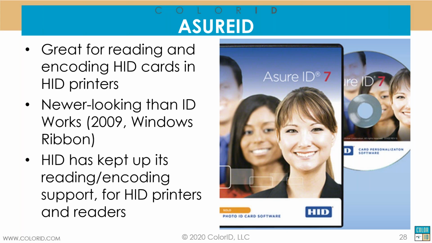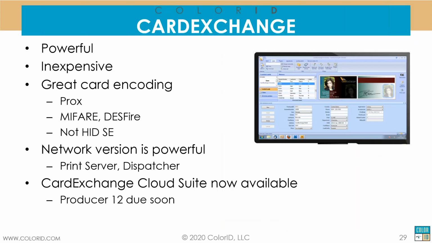It's been out over 10 years. It does have a newer look. It was designed with the Windows ribbon look in 2009, so it does look much more modern, and it works. And HID has really kept up the encoding and reading support for HID printers and readers. But again, as far as the software itself, it has not changed much, if at all.